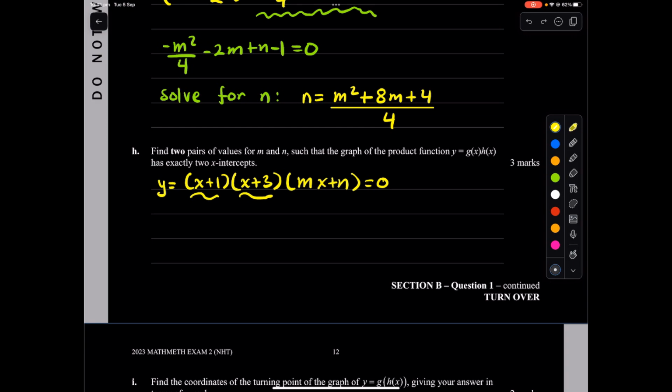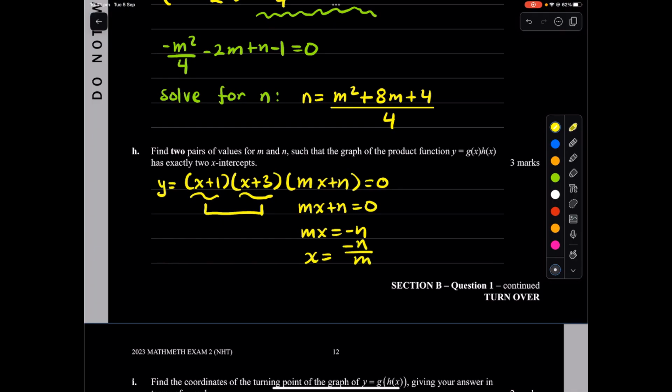So we already have 2 solutions here, and we cannot let this equal 0, because if this actually equals 0, the whole function would not exist, because then this gets multiplied by 0. So the only way we can do this is to solve this part over here for x. So mx plus n equals 0, mx equals negative n, x equals negative n over m.